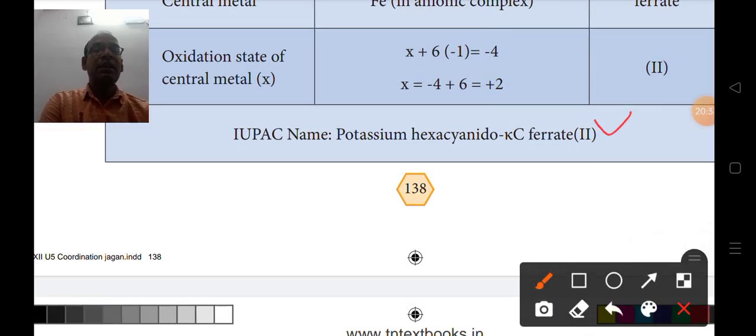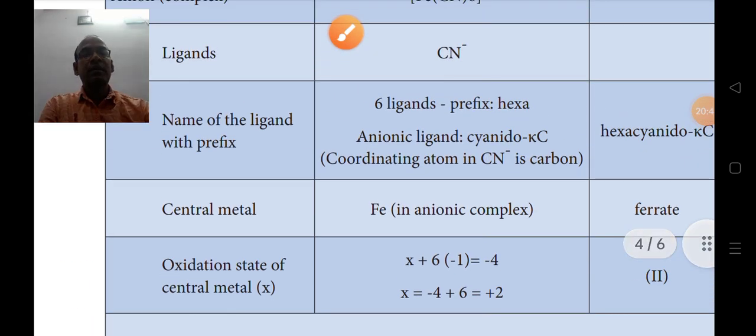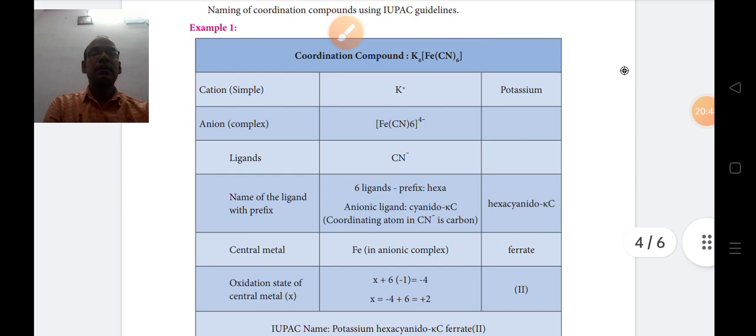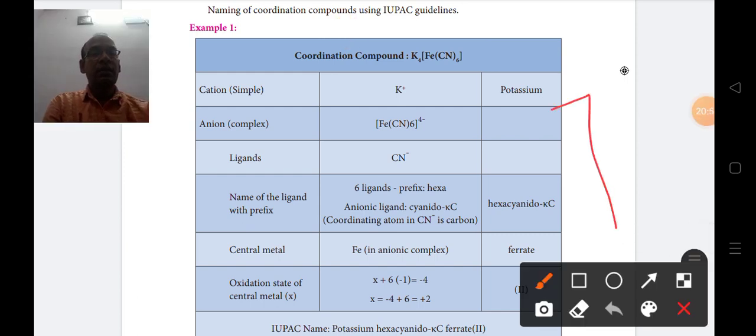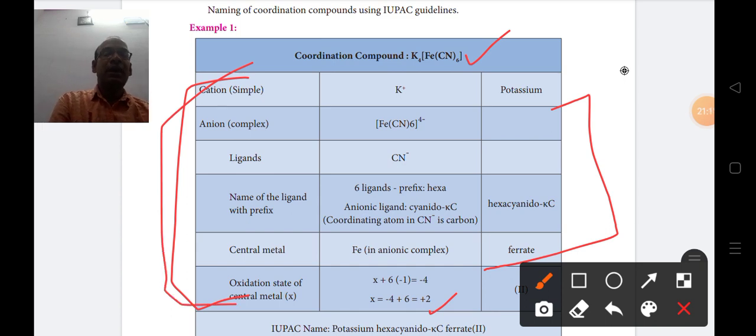Complex and its IUPAC name. These remaining parts, these tabular columns, are for understanding purposes. Don't need to memorize, just for understanding. From an exam point of view, complex and directly name; after the understanding, you write down the IUPAC name directly, that is enough.